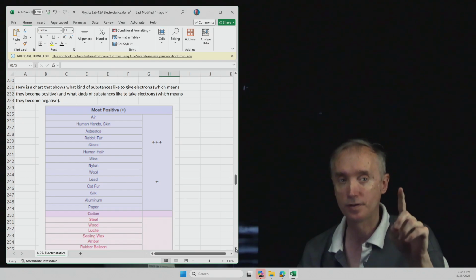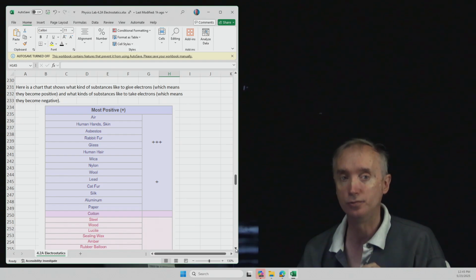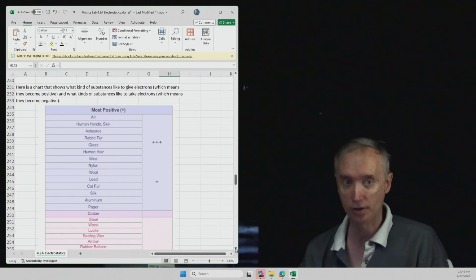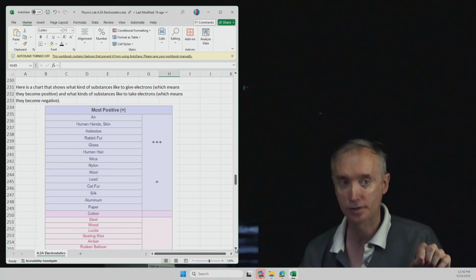So the ones up there at the top tend to lose electrons very easily, because if the electrons are negative and a substance loses those negative electrons, it becomes positively charged. So the ones up at the top tend to lose electrons very easily. So you see it's positive, positive, positive.